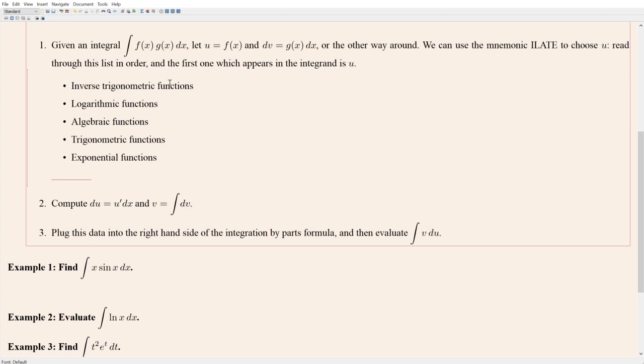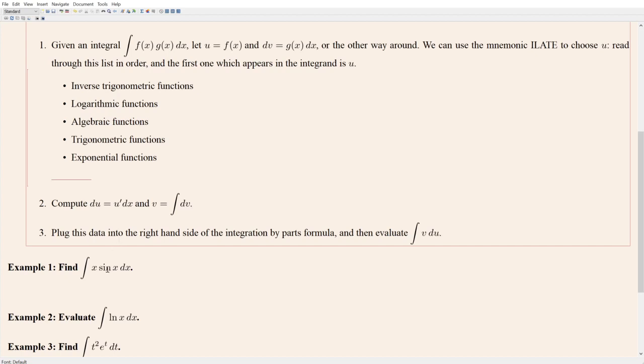So, inverse trigonometric functions. Are there any inverse trig functions here? No. Logarithmic functions. Are there any logarithmic functions here? No. Algebraic functions. So algebraic functions are just like polynomials, things that have square roots in them, rational functions, so like big fractions that have polynomials in them, things like that.